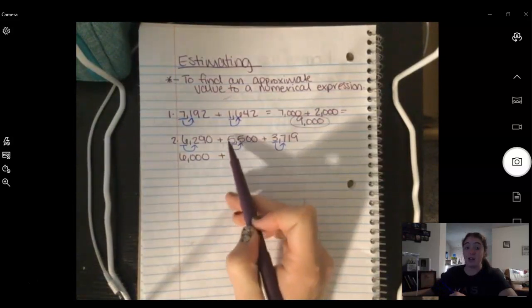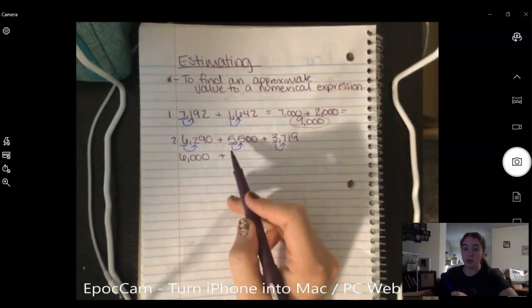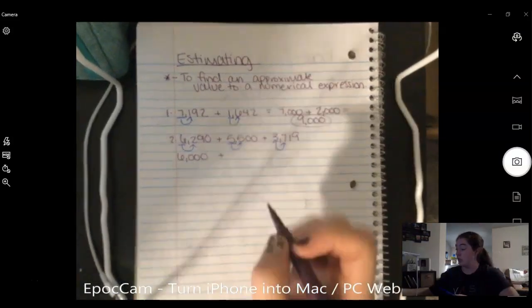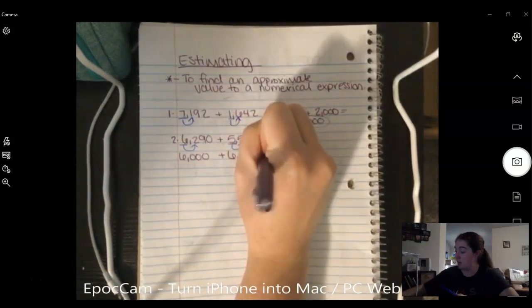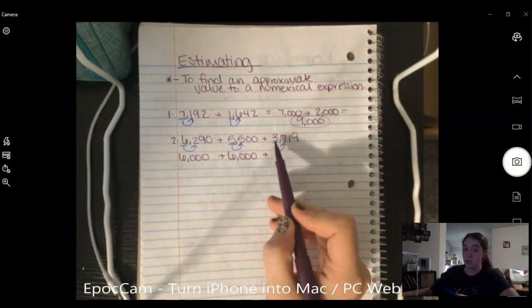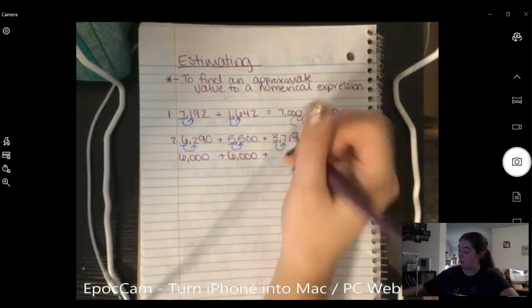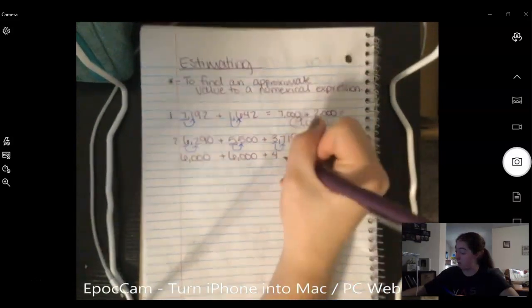This 5 is going to tell this 5 to go up because 5 or more, we give it a shove, we raise the score. Okay, so it goes up 1, goes to 6,000. This 7 is going to tell this 3 to go up just 1. We don't go up 10, we don't go up 5, we go up 1.